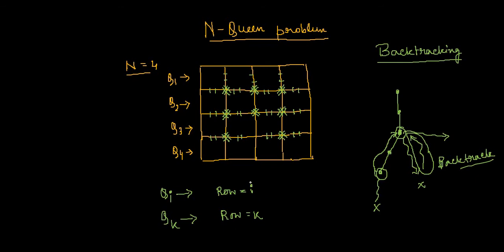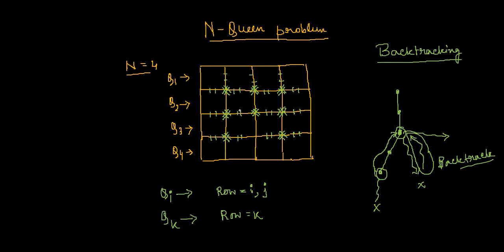Now assume that in this row I, in the jth column, queen I has been placed. So the cell you can name as I comma j. For example, maybe queen 2 is placed somewhere like this.